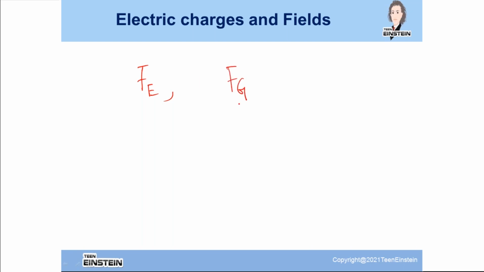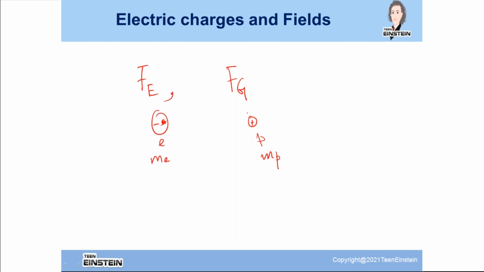See, if I say one electron and one proton, suppose this is the electron, which has negative charge, and this is a proton, positive charge. They also have some mass: Me is the mass of the electron, and this is the mass of the proton.